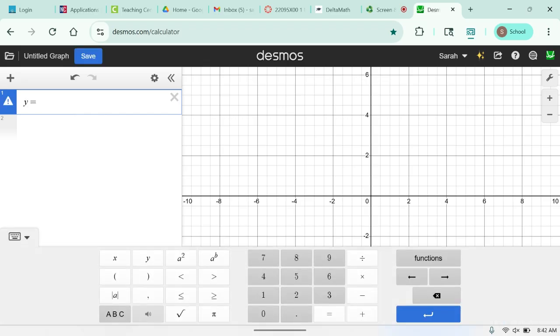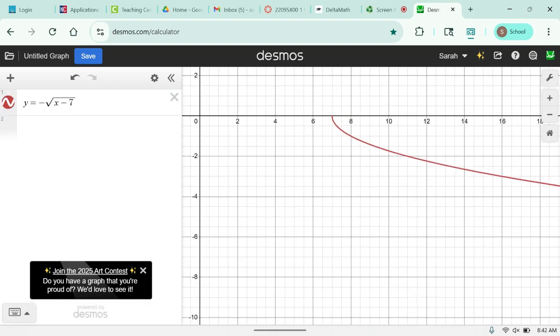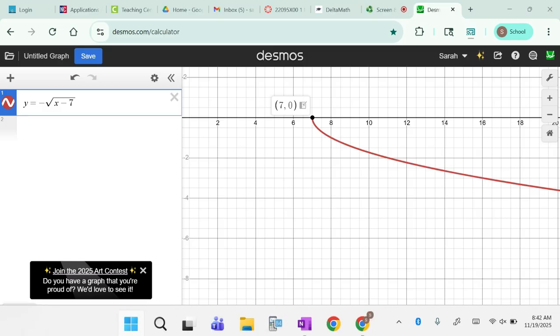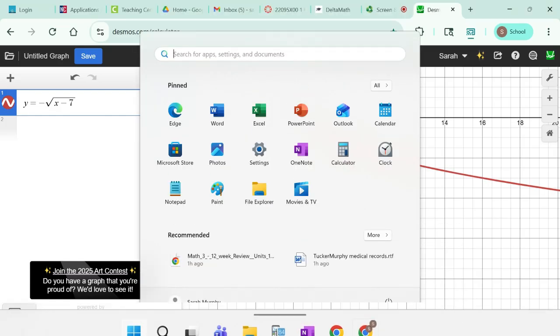So y equals negative square root x minus 7. So our domain stays the same, but what happened to the range? It flips. All right. So just something to note.